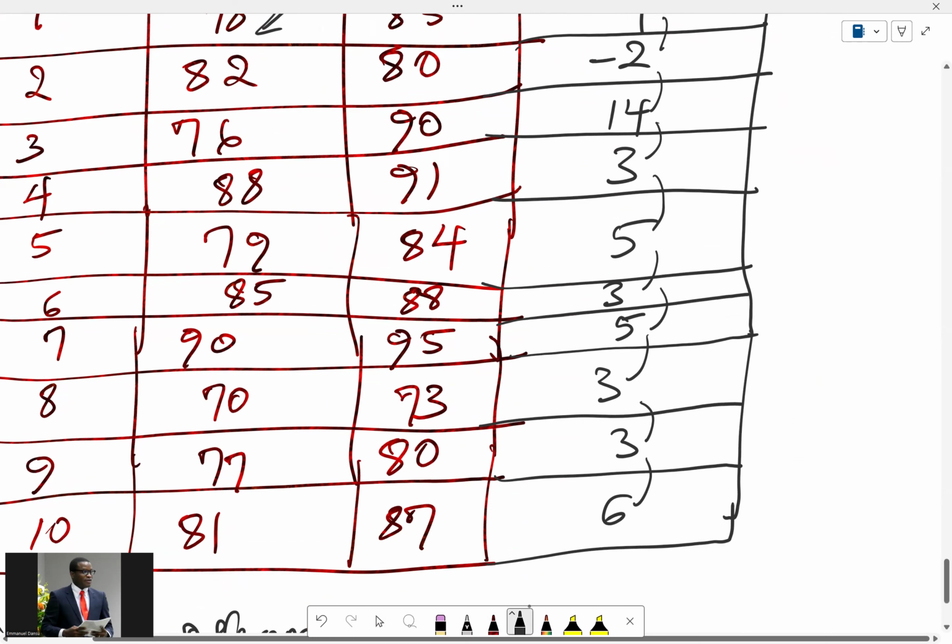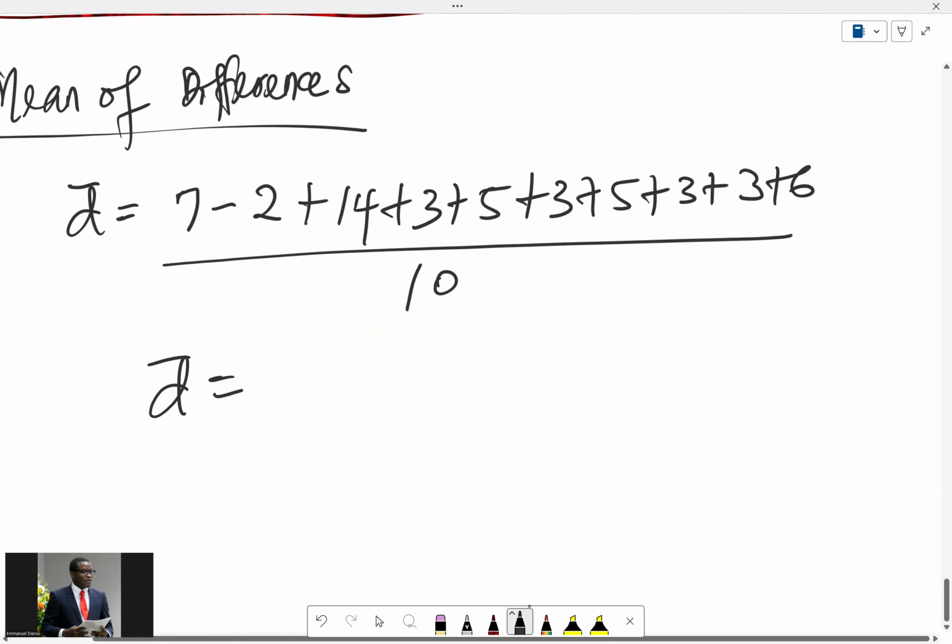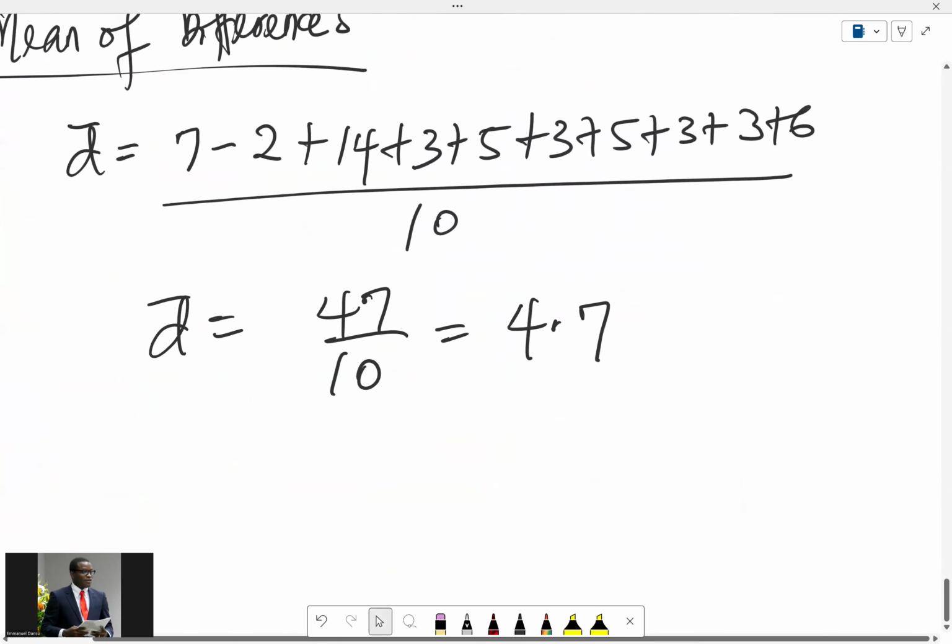Yeah, 47. So d bar is equal to 47 divided by 10, which is 4.7.